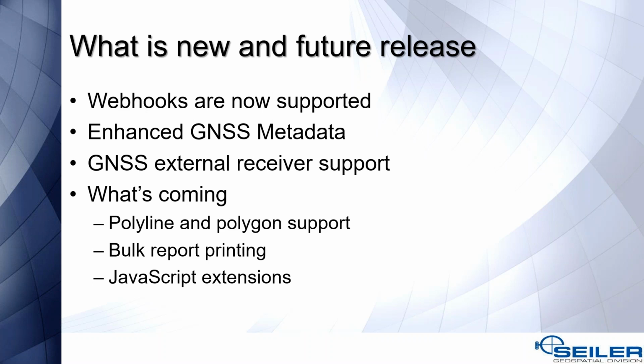You have the ability to do bulk report printing, and then JavaScript extensions. There are a whole slew of new things that are coming to this, so be on the lookout because it's ever changing.